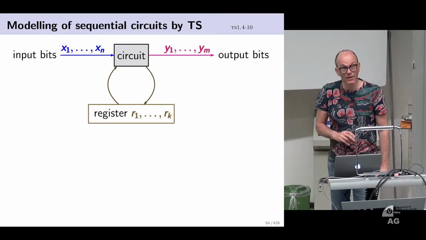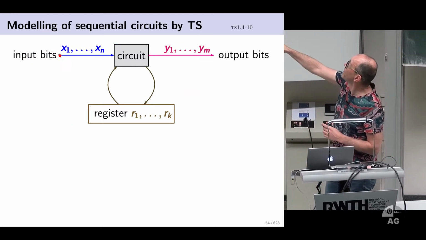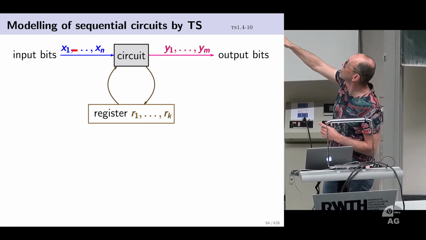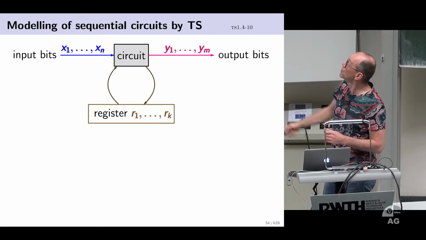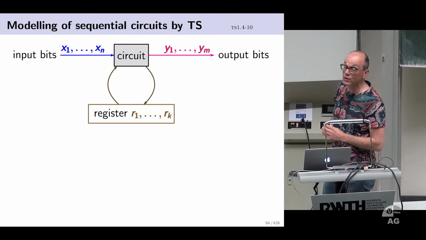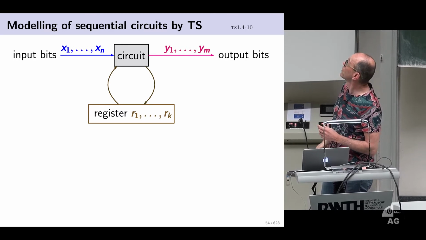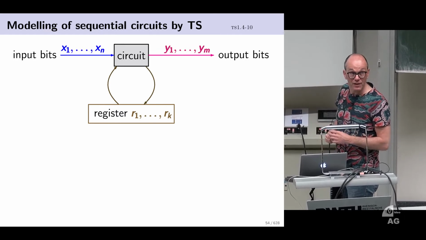Okay, so the first example is a circuit, and I'll make it very simple. The circuit has a couple of input bits, so these are the inputs to the circuit. In my case, there are n Boolean inputs. So x1 is either 0, 1, x2 is either 0, 1, and so forth. Then we have a circuit. This circuit has a couple of registers, in my case k.